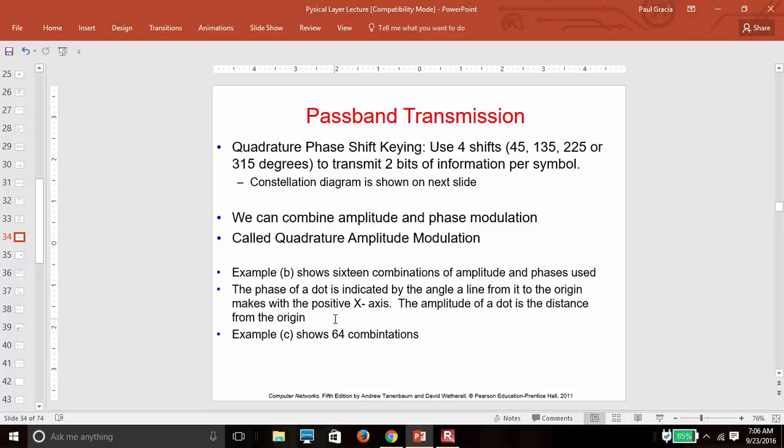If you look at the drawing, you're going to see that the phase of a dot is indicated by the angle that a line from the dot to the origin makes with the positive x-axis, and the amplitude is the distance. So the phase is the angle to the dot, and the amplitude is the distance.